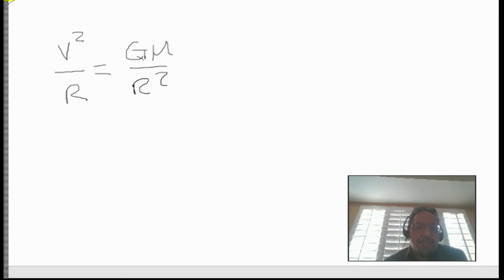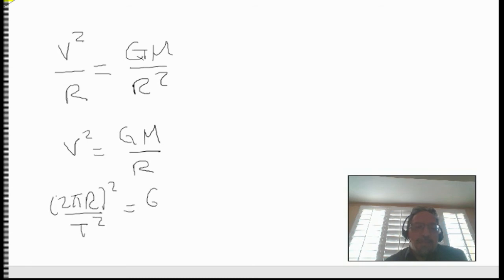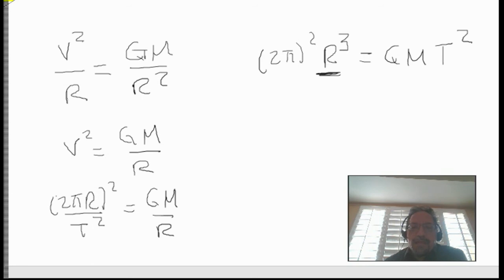So we have v squared equal to GM over r, and then we use the equations we wrote at the beginning. This is 2 pi r squared over T squared. Finally, 4 pi squared r cubed, this is the important part, equals GM T squared.